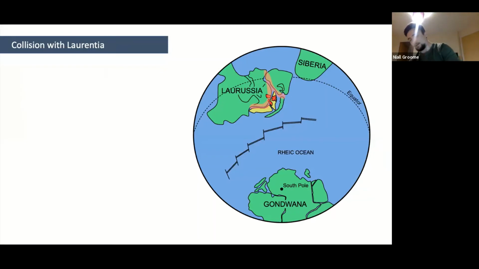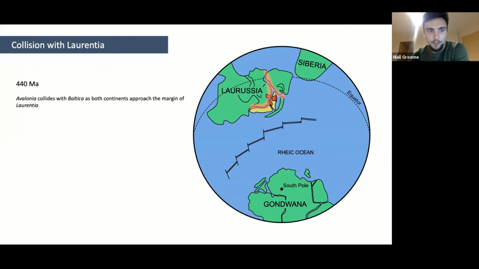And so we get towards the end of our story now. We have our collision, essentially. So first of all, Avalonia would collide with Baltica about 440 million years ago, as both approach the margin of Laurentia.